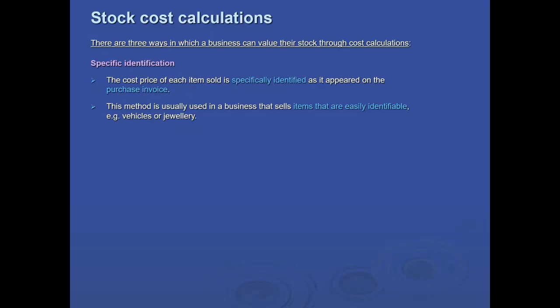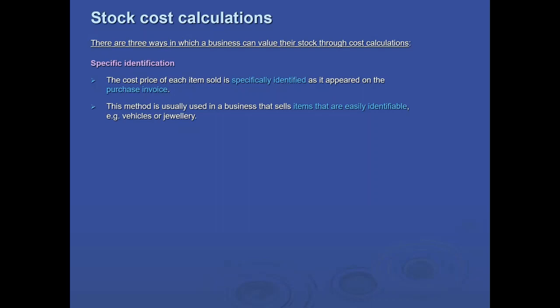Also, when we have to value the stock remaining at the end of the financial period, we need to attach a value to those. And since we have a mixture of different prices when bought at different times, that's why we have at least three different ways that we can value the stock.